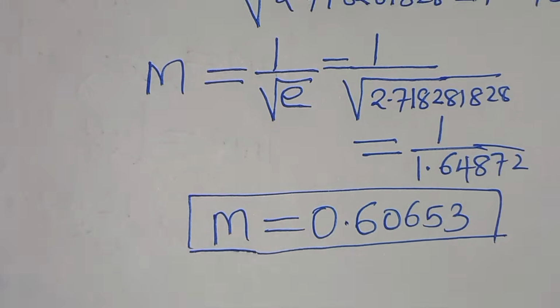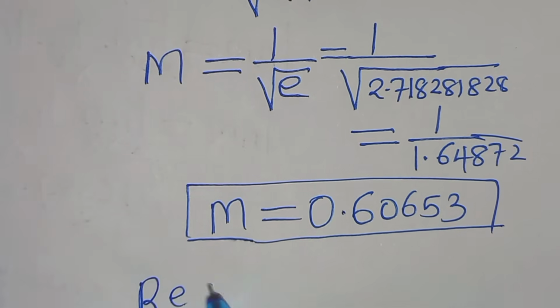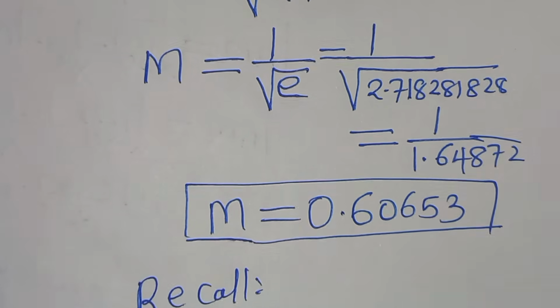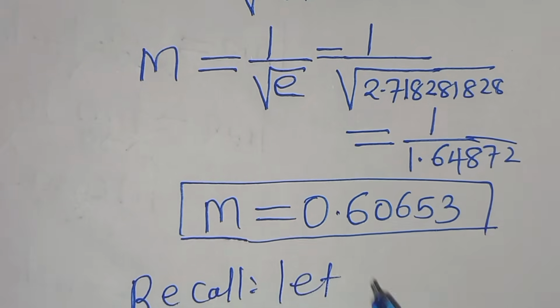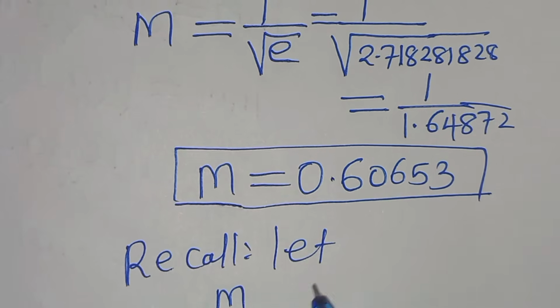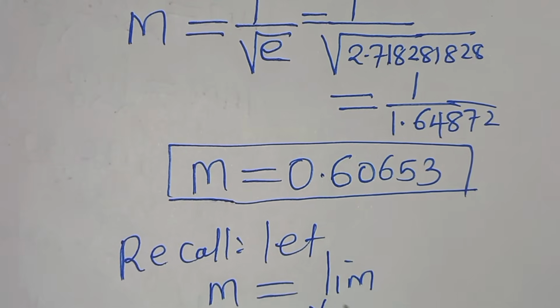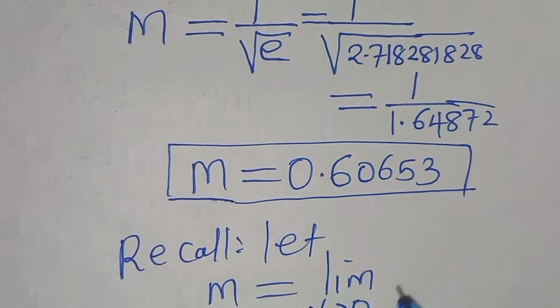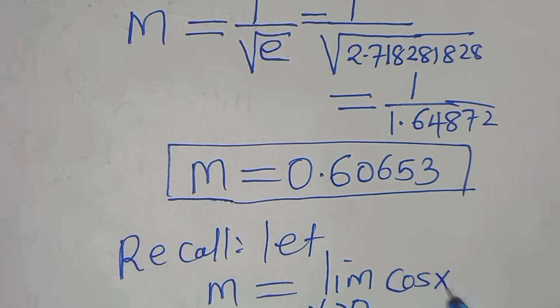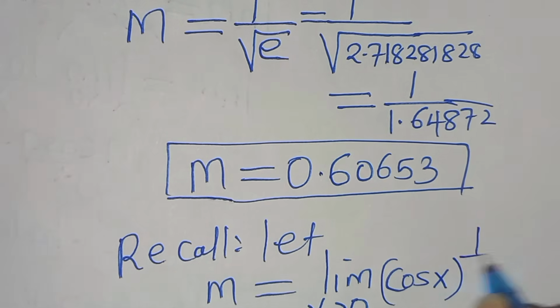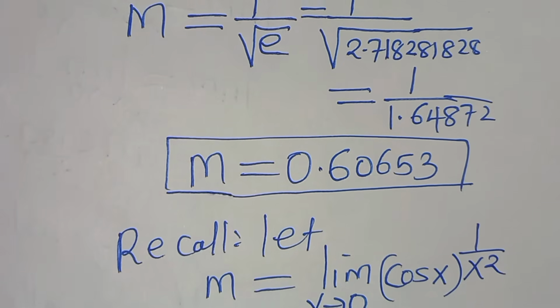Now, if you recall, we have seen that we let m be equal to the limit as x tends to 0 of cos x raised to the power of 1 over x squared.